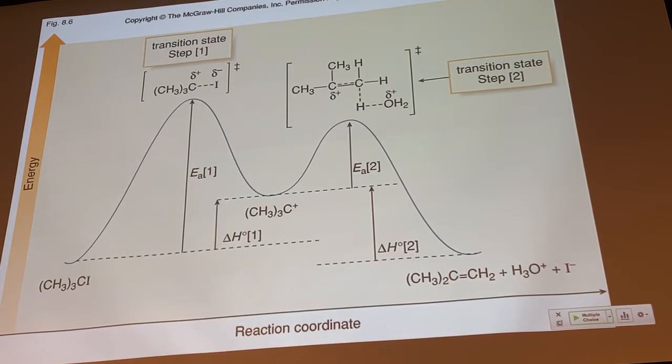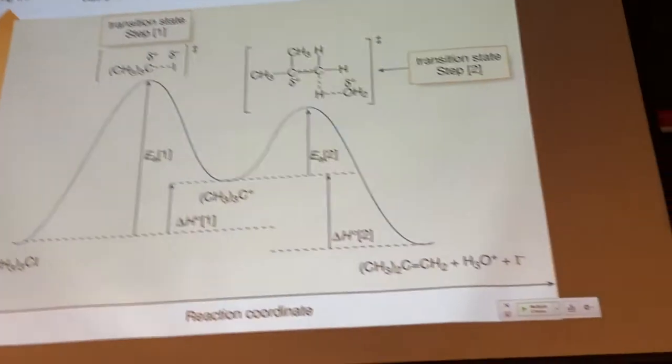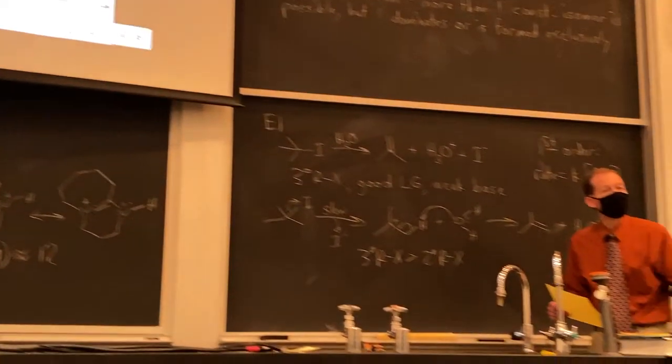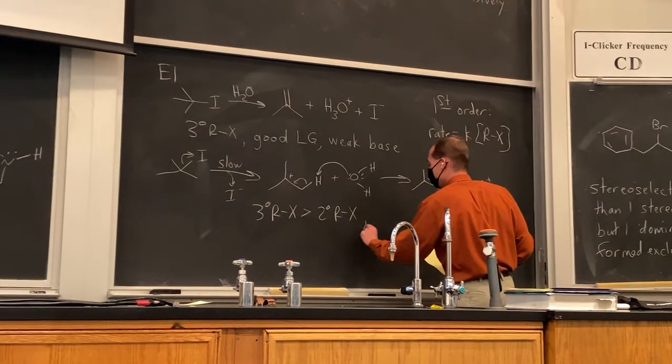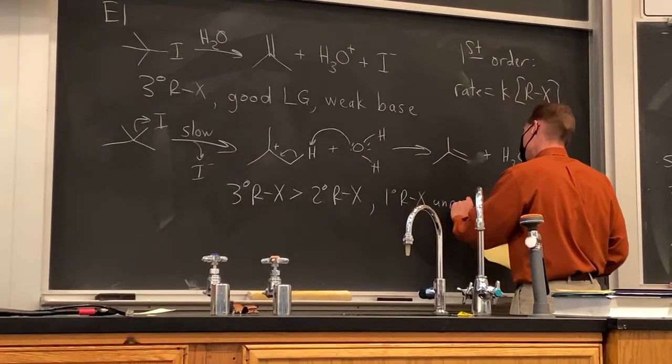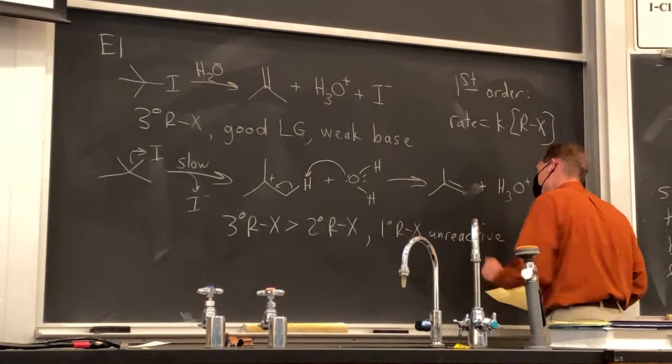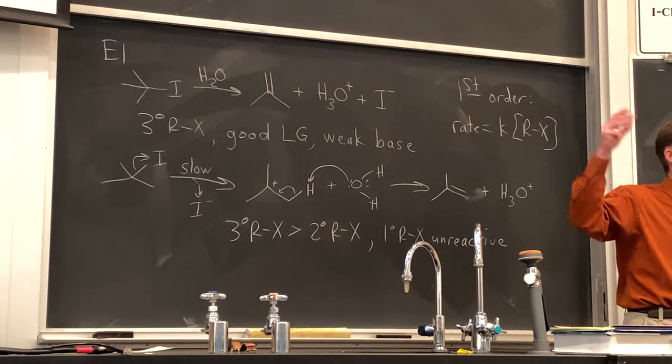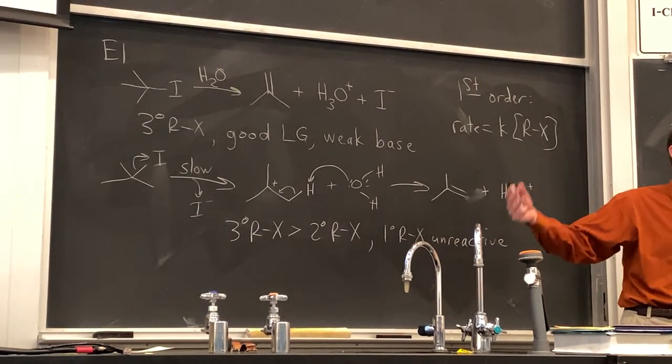So what we will see is tertiary alkyl halides reacting faster than secondary alkyl halides. And because we're forming a carbocation intermediate, we will also say that primary alkyl halides will be unreactive because the primary carbocation is too high in energy to form.